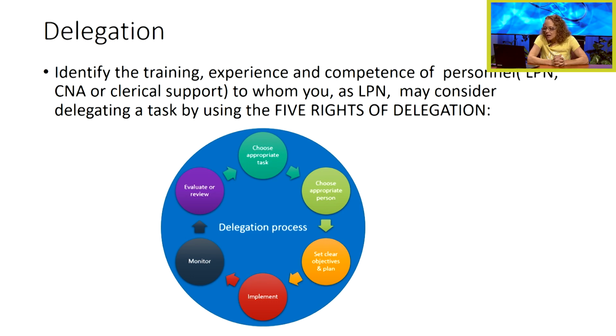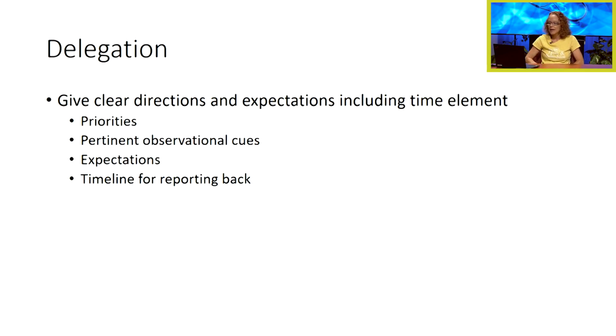So again, this is just a nice little circle that shows us the delegation process in another way. It's still the same 5 basic rights of delegation that we just talked about. Okay? So we want to give clear directions and expectations, including a time element. All right? So we want to make things a priority. If it's now, I need you to do it now.